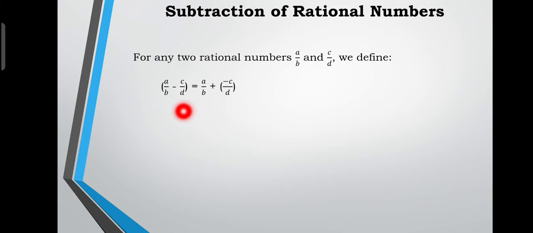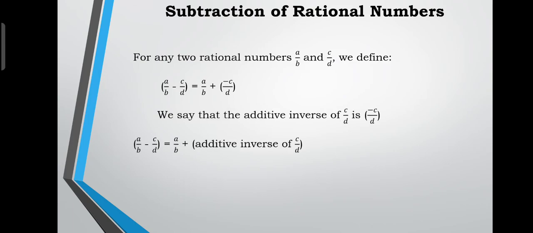Yes. So in integers, the subtraction rule is to keep the first number the same. So here also keep the first rational number the same. And this minus you change to plus. And this c by d is a positive. The additive inverse of a positive will become negative. That's what has been written, minus c by d. I hope you understand how we got minus c by d.